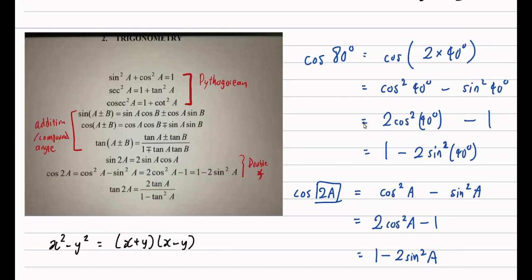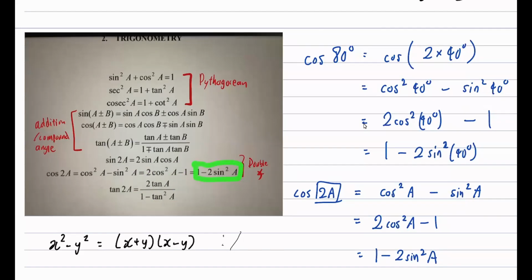Okay, maybe you cannot see the pattern I'm trying to bring up. Basically, previously we got cos square A minus sine square A, which is a mixture of cosine and sine. Whereas over here, it's purely in terms of cosine. Only cosine. Whereas the other one is only in terms of sine.